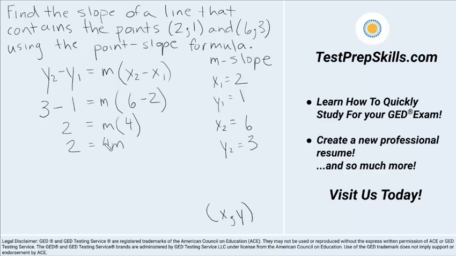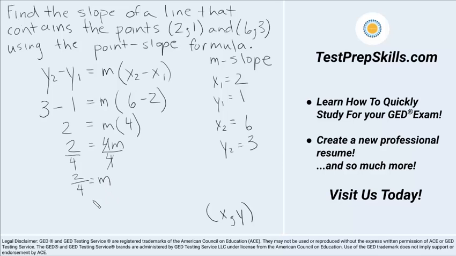If it's 4 multiplied by m, the way to remove it would be to divide by 4. And whatever we do to one side of our equation, we have to do to the other side. So we're going to divide both sides of our equation by 4. On our left-hand side, we're going to get this 2 over 4. And on our right-hand side, the 4's will cancel, and we're left with just m.